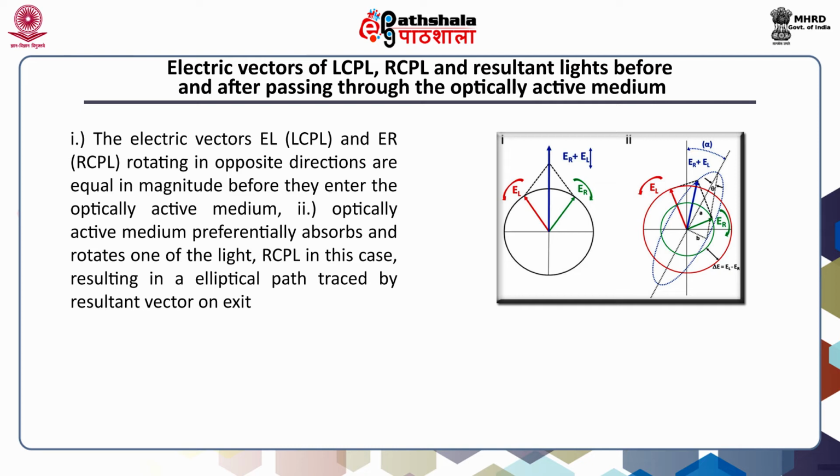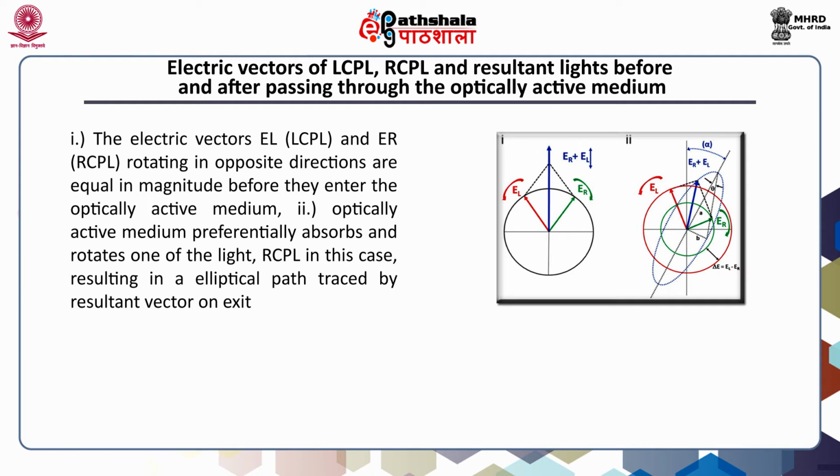It is shown with red color, while RCPL is shown with green color, and the electric vector ER is rotating in a clockwise direction. If you see the figure on the left side, both vectors are equal in magnitude but rotating in opposite directions before they enter the optically active medium.